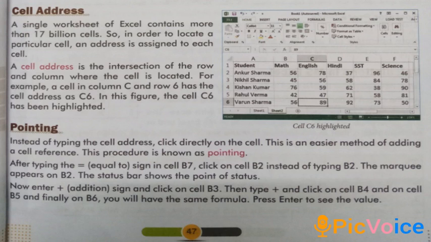Suppose a cell in column B and row 5 has the cell address as B5. Similarly, a cell in column C and row 6 has the cell address as C6.